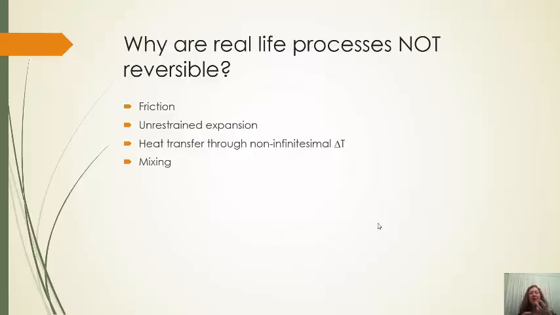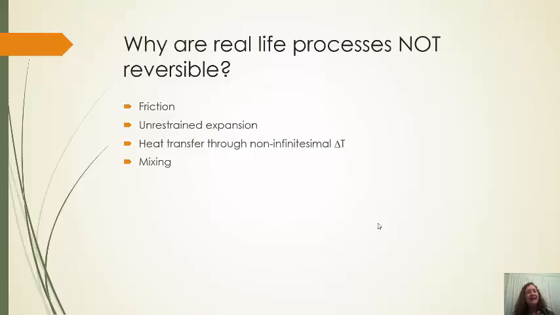But if I have an ice cube and I put it in a room of really hot air, it's going to melt. I am not going to get that ice cube back. There's not any tiny little change that would happen that would get it back. So when I have a temperature difference between my system and my surroundings, I have irreversible heat transfer.